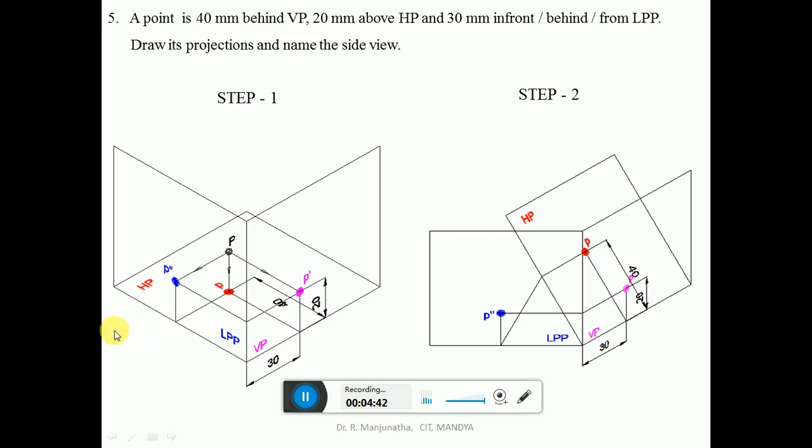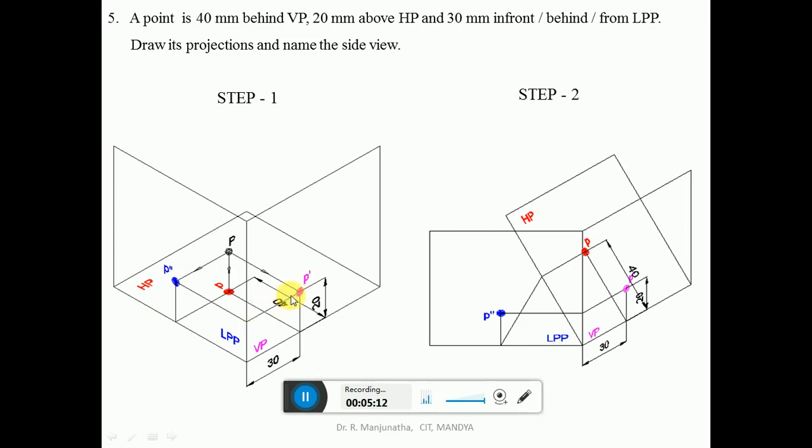When you look from the left side view, the position of the point will be behind LPP. That is the behind LPP distance, which is this distance, which will be seen when you look from the top view in the horizontal plane. And also when you look from the front view, the distance behind LPP is seen in the vertical plane also.